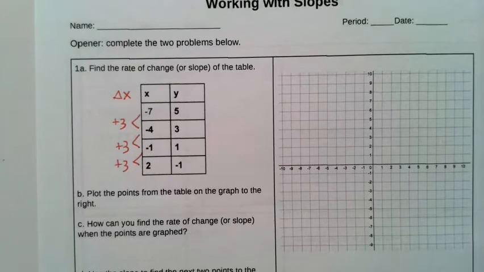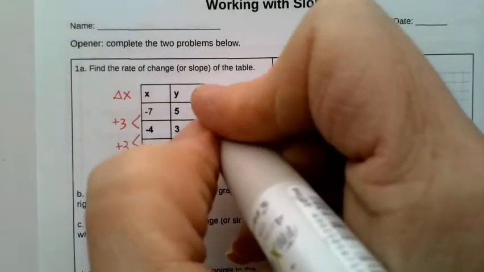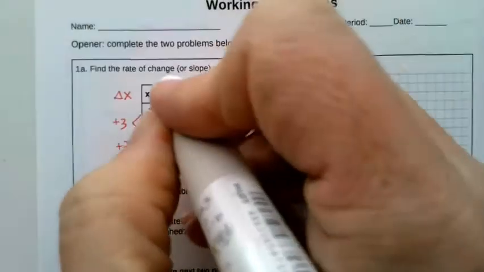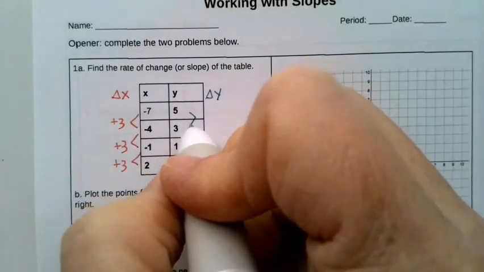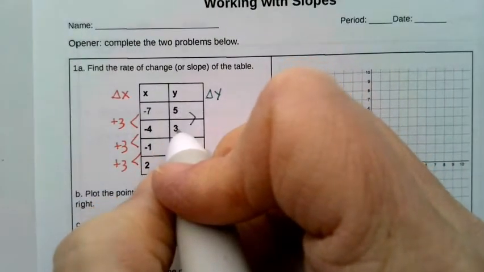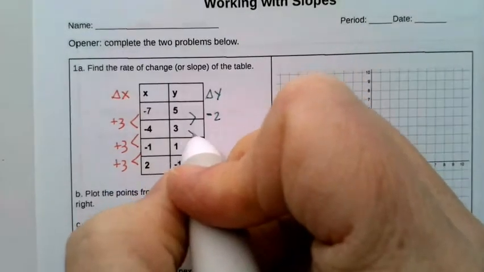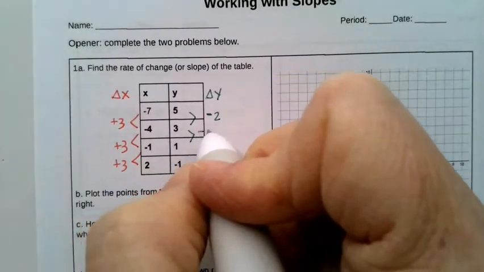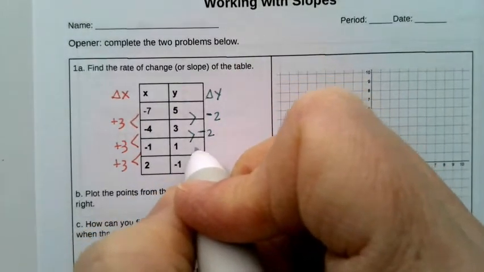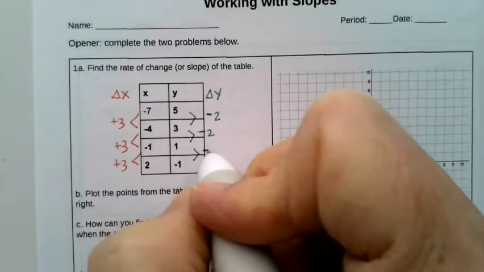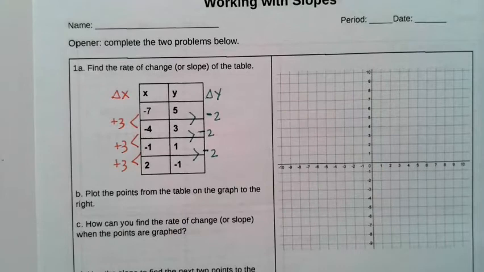To look at what is happening with the change in y, to find our rate of change, we need both of those values. 5 minus 2, this is going down, so it's a negative change, -2. 3 minus 2 gives me 1, and 1 minus 2 gives me -2.